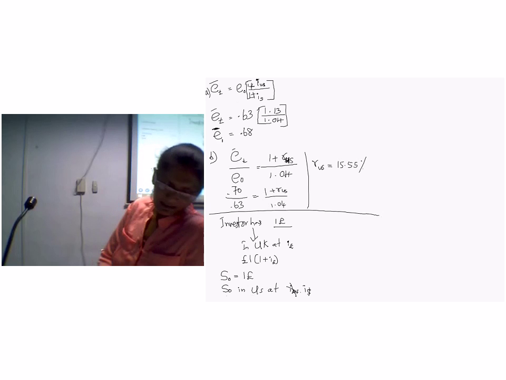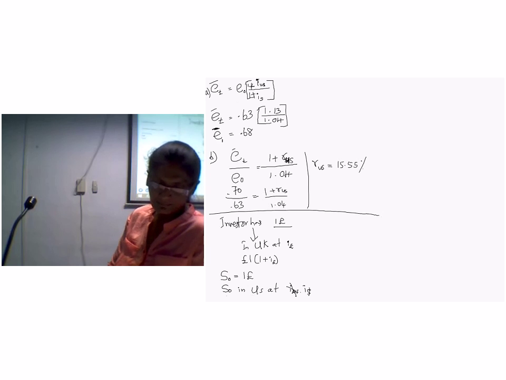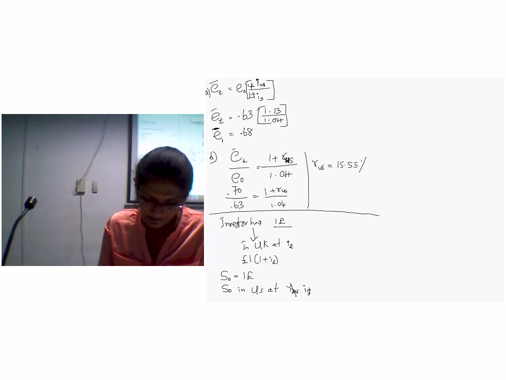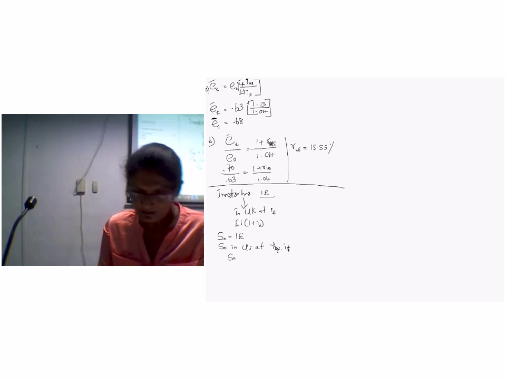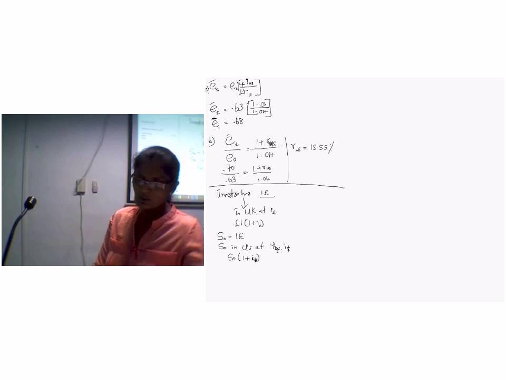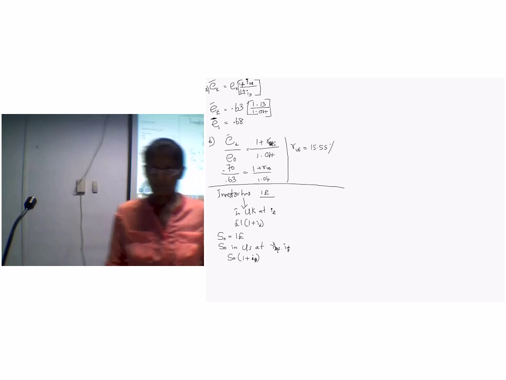Now what is the return he gets at the end of the year? At the end of the year, he will be enjoying interest, so the invested amount times 1 plus I dollars. Here his return would be in dollars because he invested in the US, right?